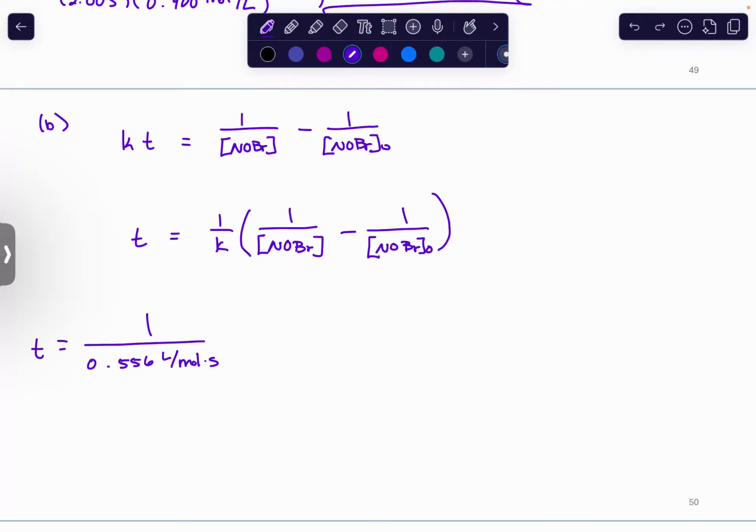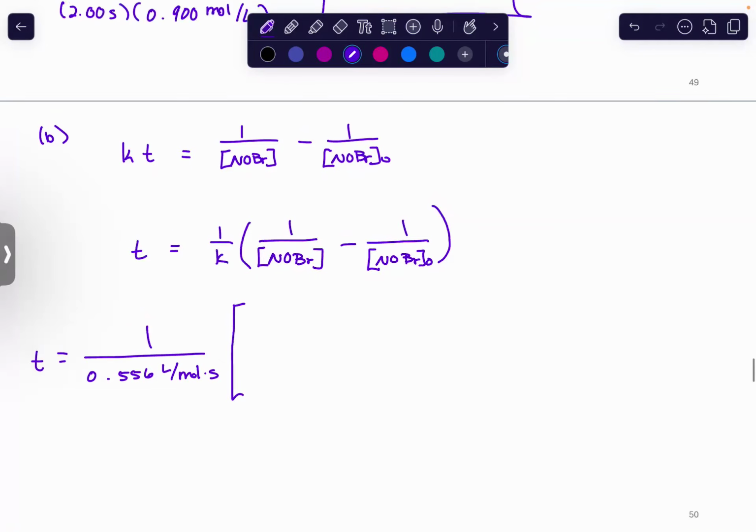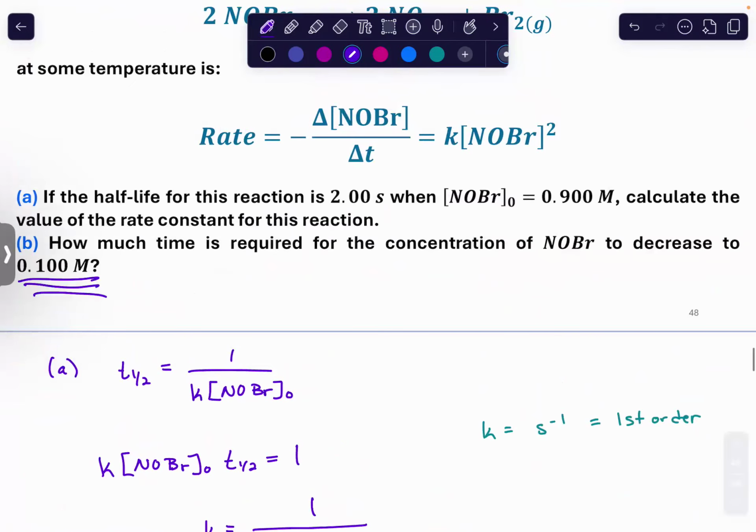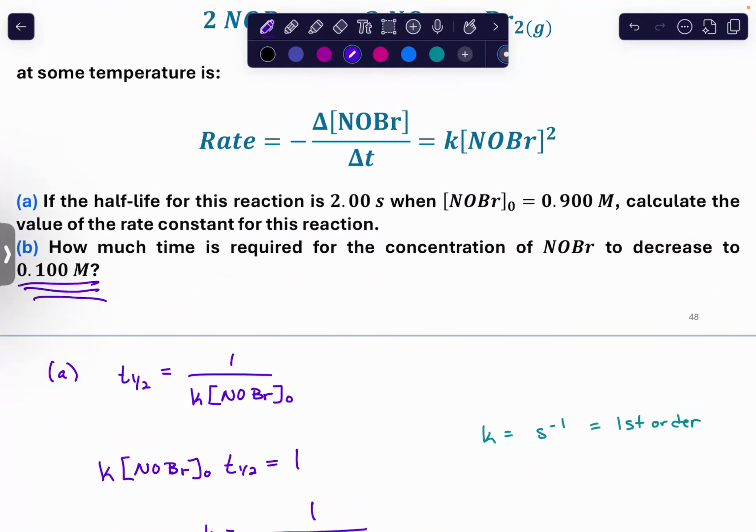Yeah, let's use square brackets. Okay, so let's look at the concentrations we have to put in here. It's decreasing to 0.1 molar, so that's your concentration at some time. Your initial concentration is 0.9 molar.